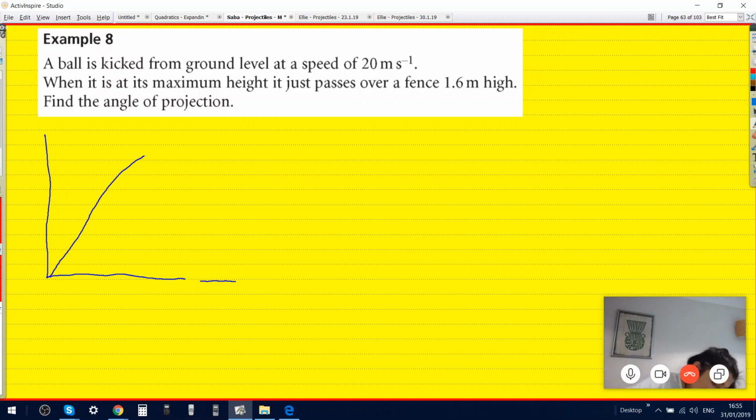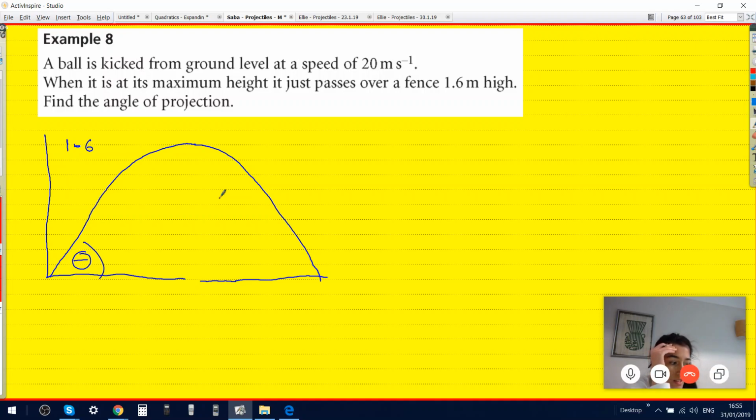So we have x, we have 20 cos x and 20 sin x, and then maximum height means that when t is half of t will give us maximum height. Also y equals 1.6. So 1.6 equals... Oh no, it's just gonna have simultaneous equations in it.